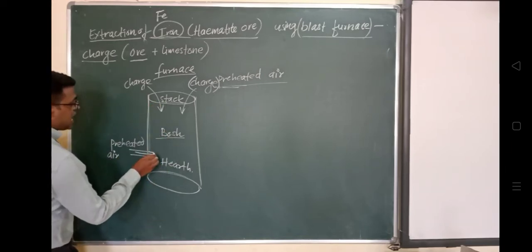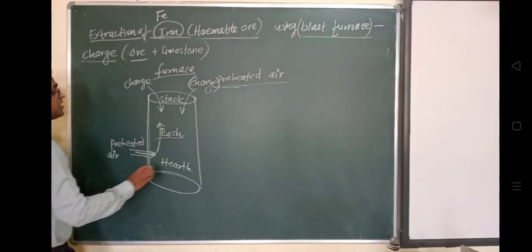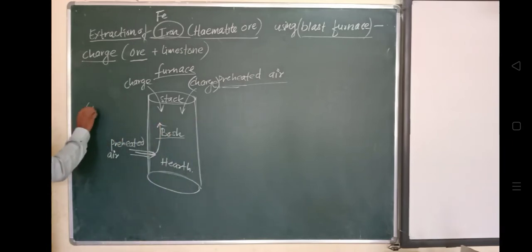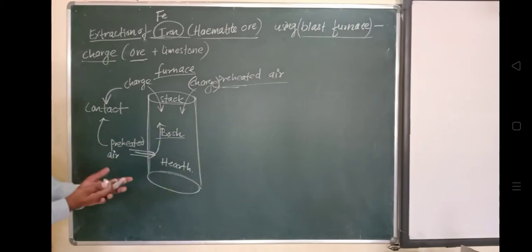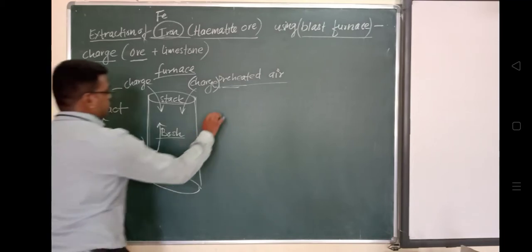So what are the chemical processes that will take place? We'll see. Extraction of iron from its hematite ore. Now, what are the reactions?